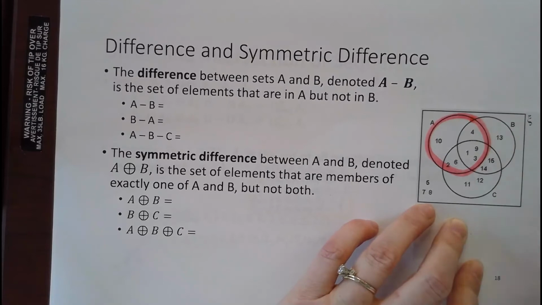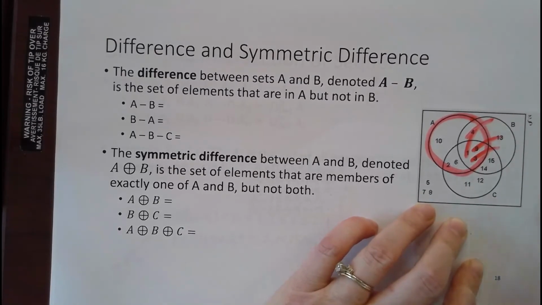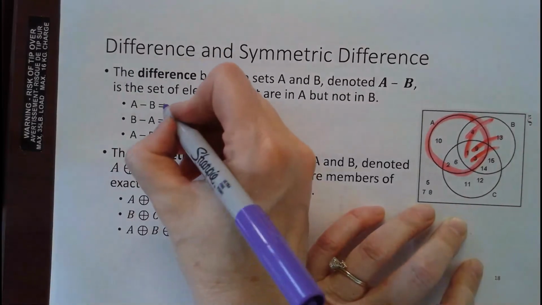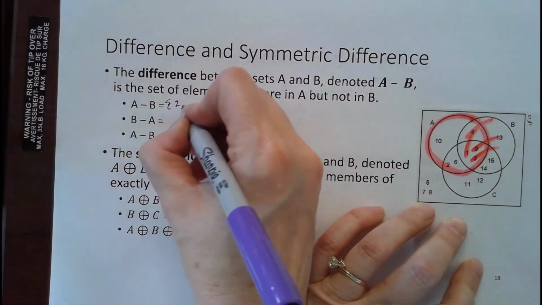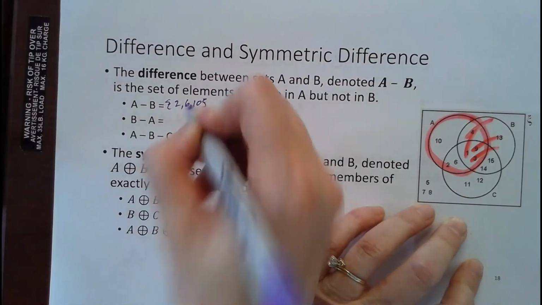So 4 is in B, I'm going to get rid of that one. 1 is in B, I'm going to get rid of that one. 3 is in B, I'm going to take that one away. 9 is in B, I'm going to take that one away. So anything that's in B, I'm going to take it out. And then what I'm left with, so notice the 2, the 6, and the 10, that's what I'm left with. So that would be A minus B.